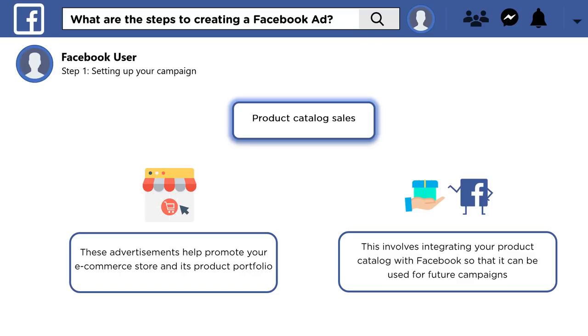They are likely going to choose product catalog sales because it will really help push traffic to the store and get somebody to convert, either for a particular product or by looking at other product categories and buying something there. So product catalog sales are really great for future campaigns when you're looking for sales.